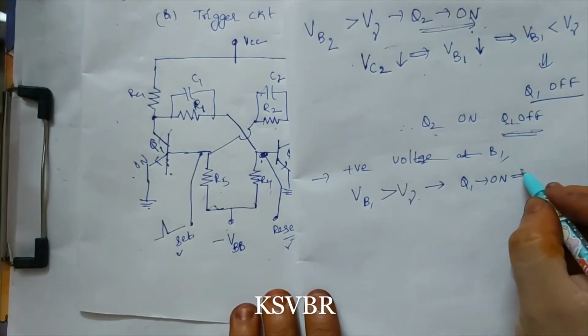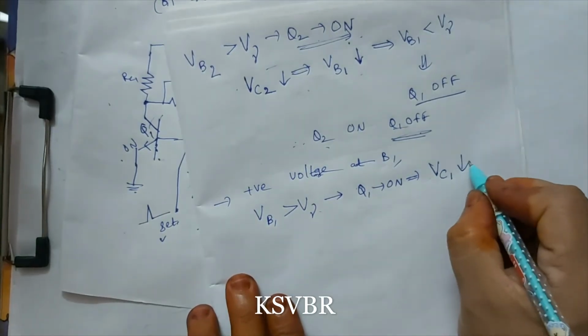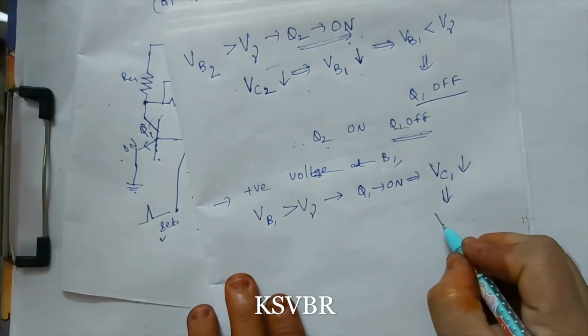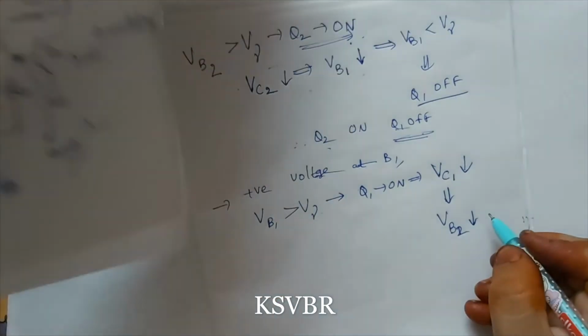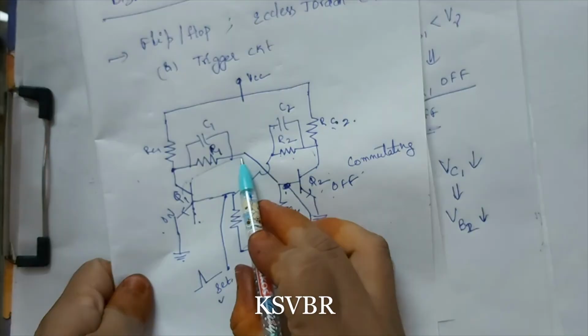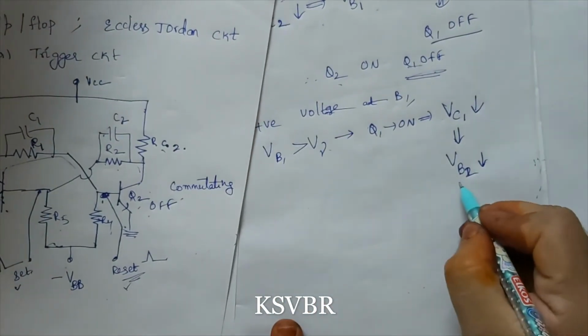Whenever Q1 becomes on, voltage at collector 1 decreases. This leads to voltage at base 2 decreasing, because of this crisscross connection.